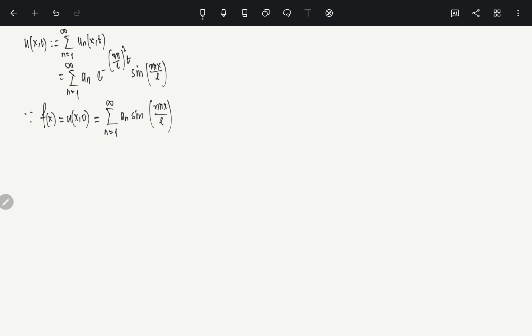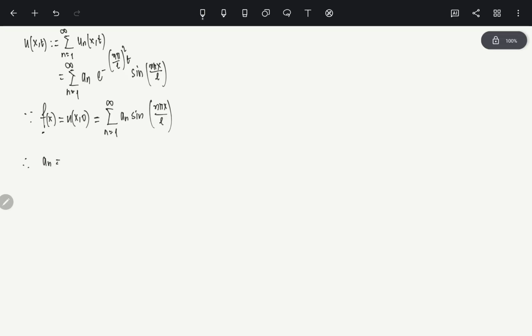He did this while studying the heat equation. He wanted to solve this thing, and that is how he got it. Now you do realize that you have a function which you want to write in terms of sine. So basically Fourier sine series, you remember, and so if you do that, what is the a_n?